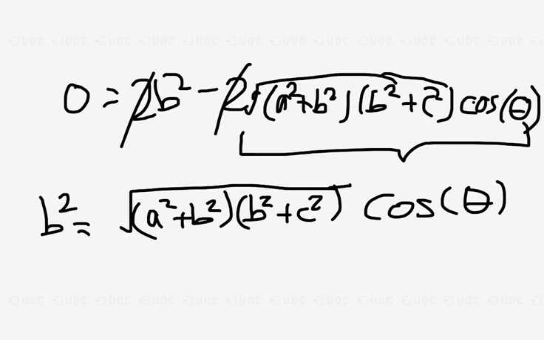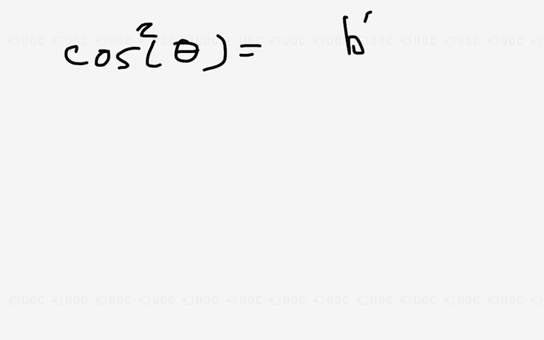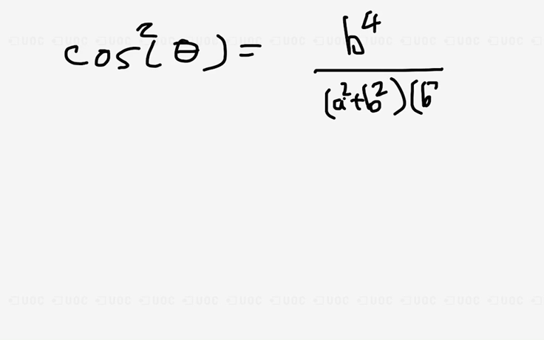Then dividing on both sides and squaring, we have cosine squared theta equals B to the 4th over A squared plus B squared plus C squared.